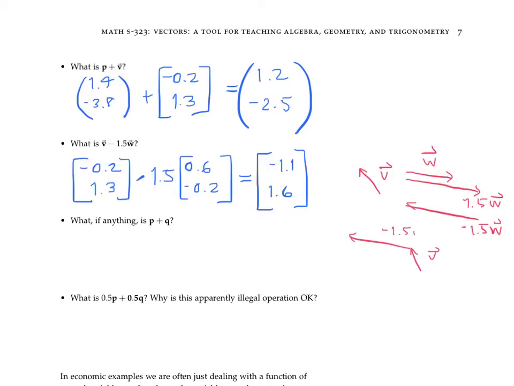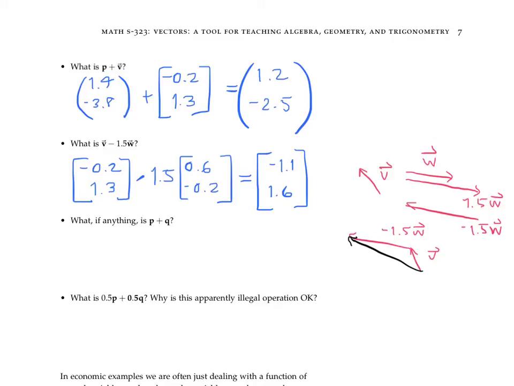And so our total starts at the beginning of V and ends at the end of negative 1.5 W, and that would be our answer. And sure enough, you can see that this has a negative X component and a positive Y component, and that would mean that it's pointing to the left and upward, and so is our answer here.